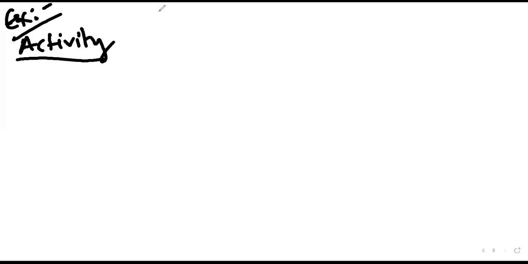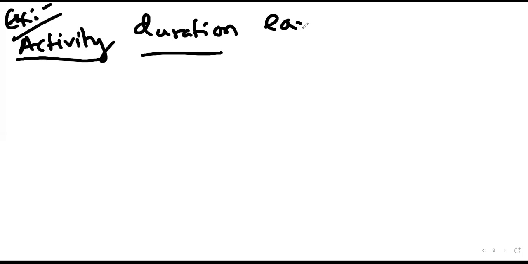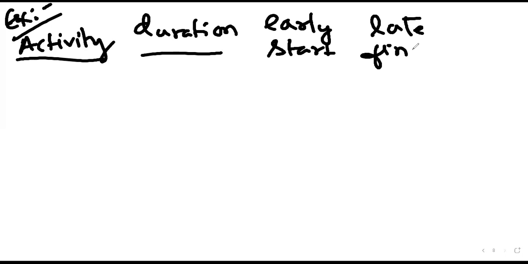We have activity, duration, early start, and late finish. So just tell me the list of activities. How many activities are there? 6, sir. Okay, tell me one by one.